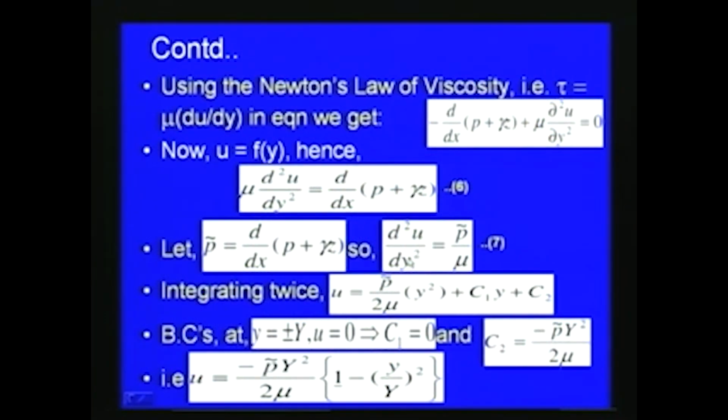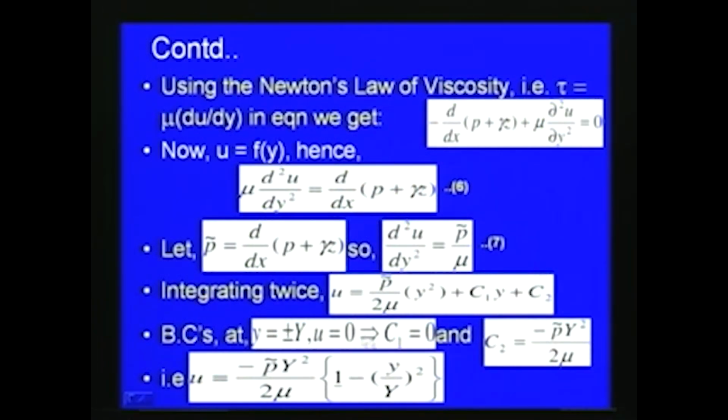Now for this particular case we have the boundary conditions. The flow is between two parallel plates. On the top as well as bottom where the fluid touches the plate, we can assume the velocity is 0.